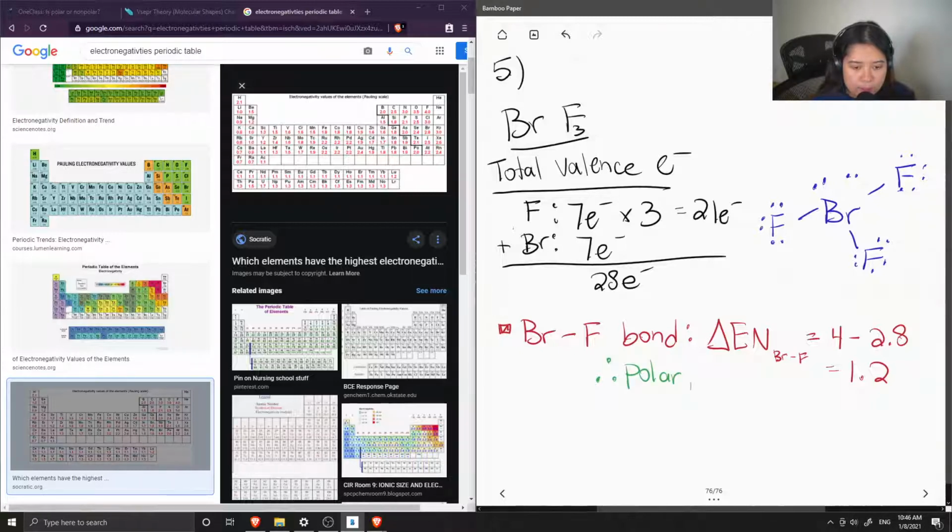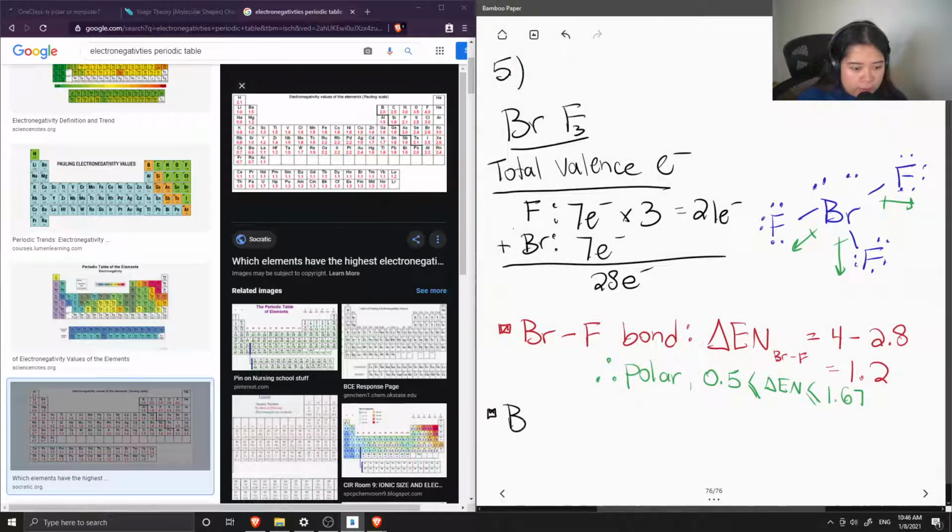And this is because the difference in electronegativity is greater than 0.5, and it's less than 1.67. So therefore, all the bonds are polar, and the fluorines are much more electronegative than the bromine. So there are going to be dipole moments throughout the molecule, and the shape with the lone pairs allows these dipole moments to not be cancelled out.